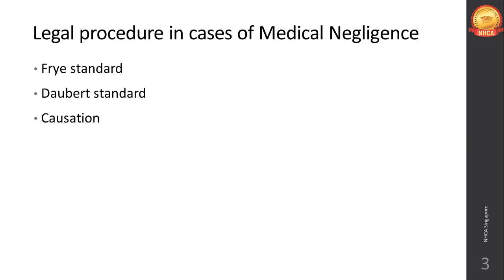So when it comes to the legal procedures in cases of medical negligence, there are three main forms of legal procedures which we follow in the courtroom. First is the Frye standard, in which you are focusing more on scientific evidence. The court, the judges, will focus on the scientific evidence in whatever field of medicine was being practiced in the ICU.